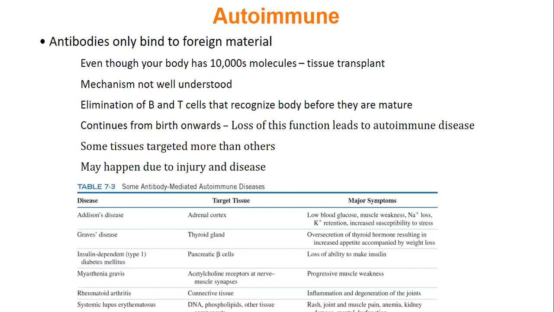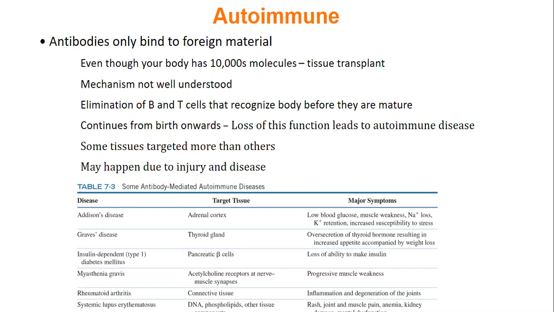And we see this happening when there's injury and disease. So if a part of you gets injured or infected, since you're throwing a lot of antibodies towards that region anyways, maybe an accident happens and whoops, I targeted myself. So that's basically what an autoimmune disease is.